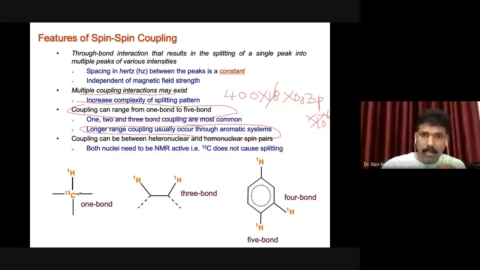Then the 3 bond coupling is called vicinal coupling, and this is the 4 bond meta hydrogen coupling, and then para, you can see 1, 2, 3, 4, 5. So 5 bond coupling, para proton interaction, in the case of a benzene ring.